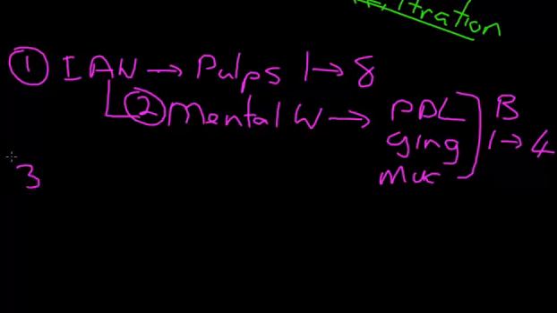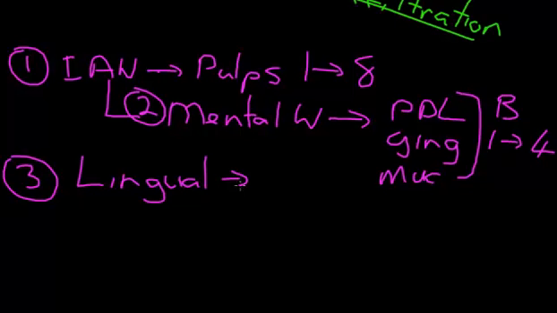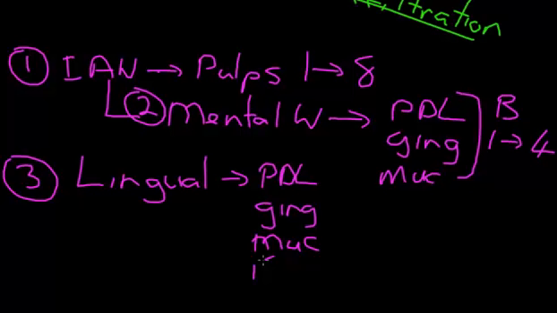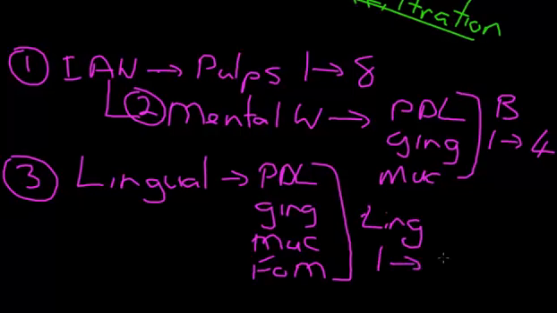The third nerve in this story was the lingual nerve. And it supplies the PDL, the gingiva, the mucosa, the floor of the mouth, for the tongue side or the lingual side of the 1 to 8.